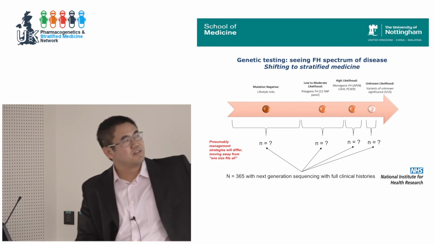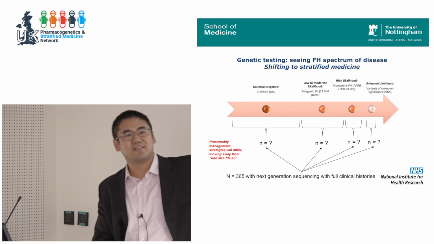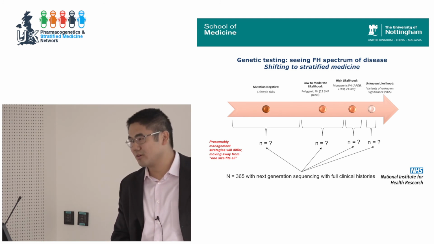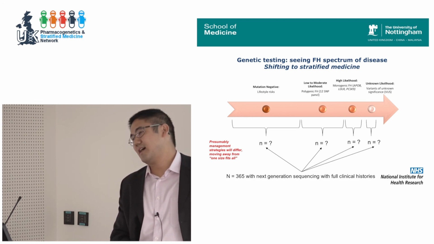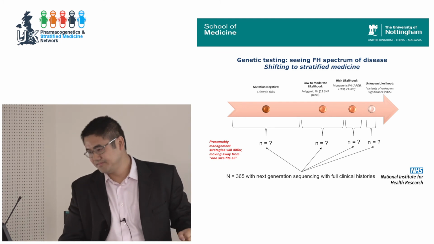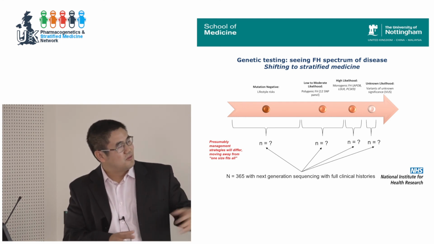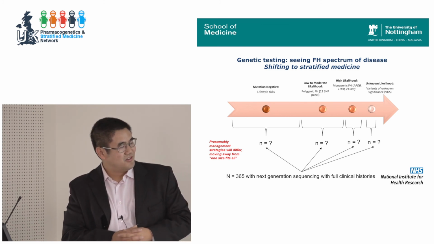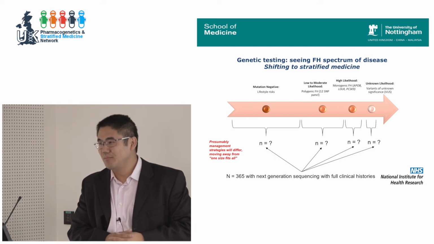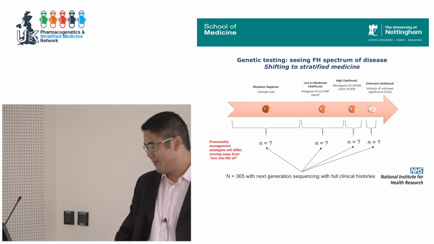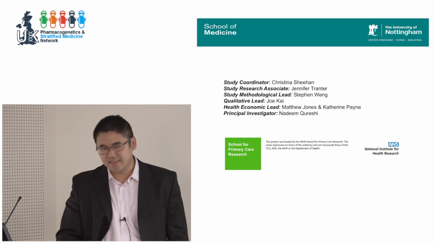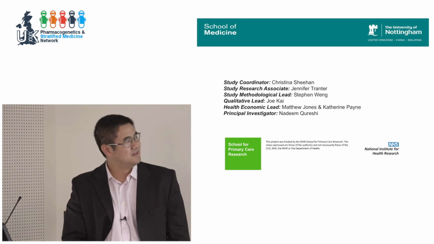So we'll explore the interaction between these strata and clinical histories and the workup longitudinally through secondary data analysis. And hopefully, this will shift away the strategy of one size fits all to a more stratified approach, which is why we are all here today. And this is our study team, so I'd like to thank all of them for their input.